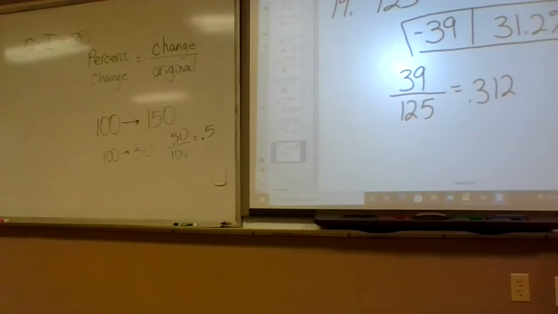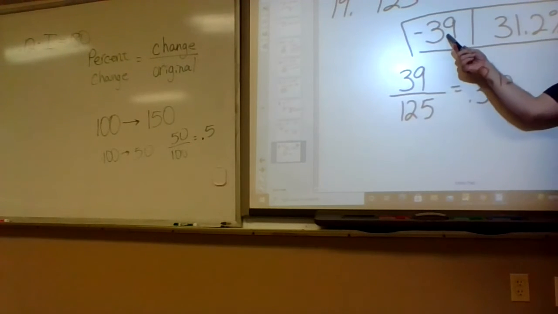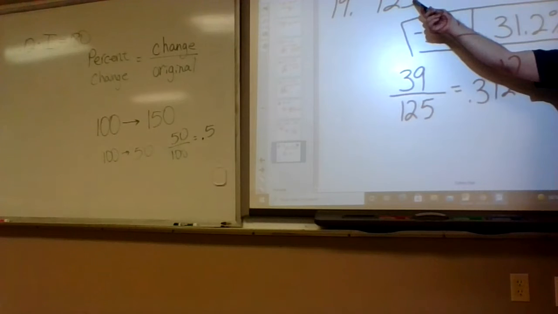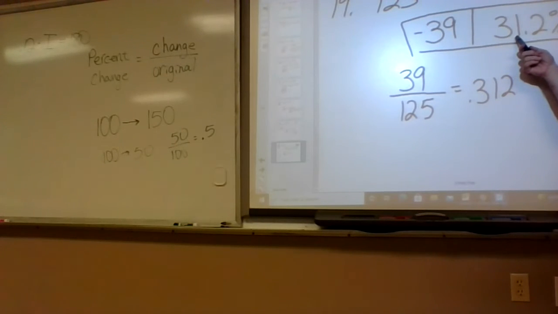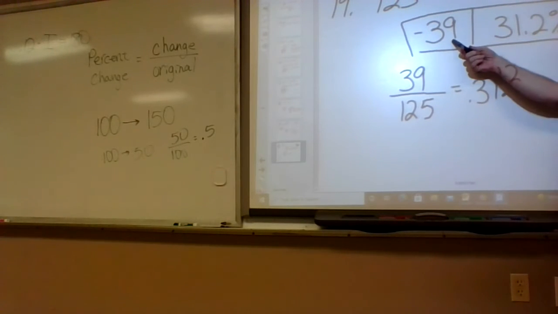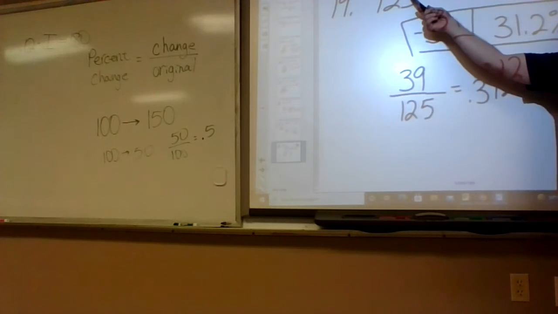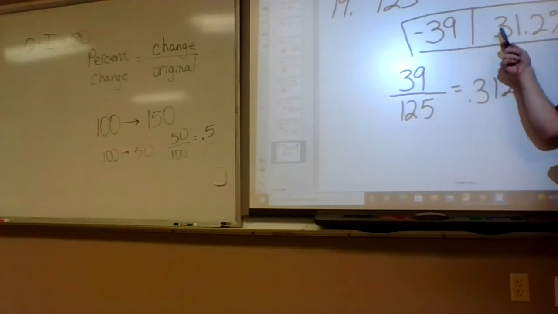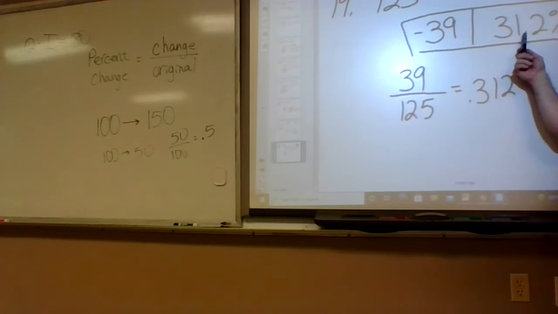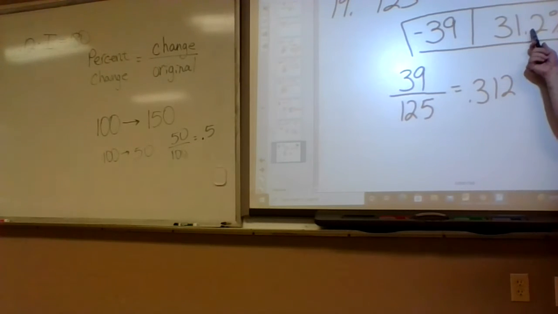Let me talk about this problem for a second. What's the relationship between 39 and 125? This number is about 30% of this number, so it's about a third of that. You guys know what a third is as a percent? 33.3 repeating.